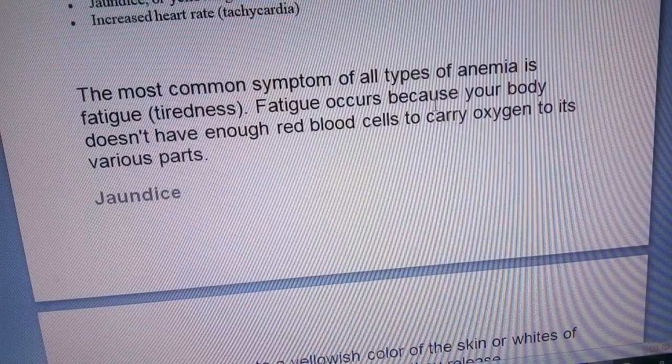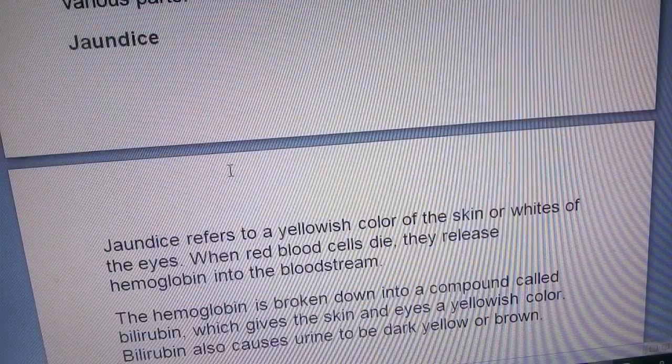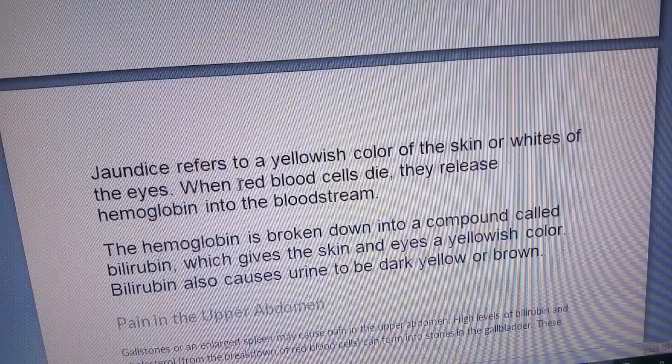Fatigue occurs because your body does not have enough red blood cells to carry oxygen to its various parts. Why does jaundice occur? Jaundice refers to a yellowish color of the skin or whites of the eyes.